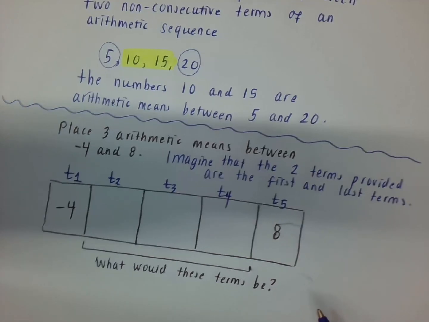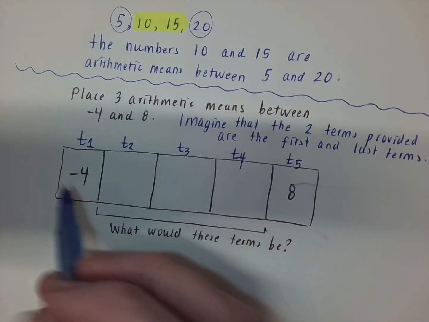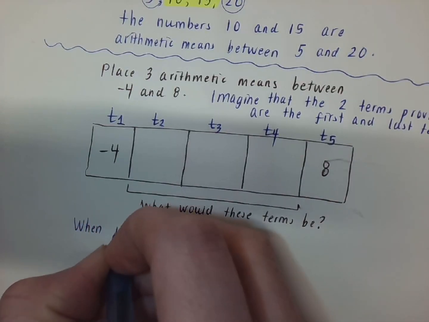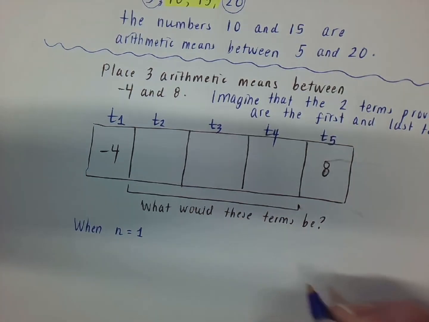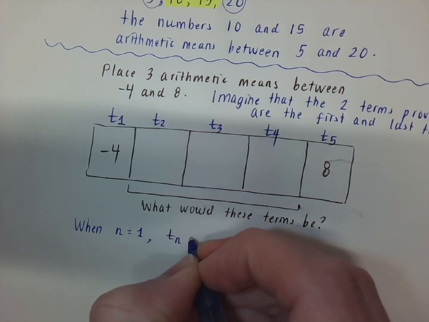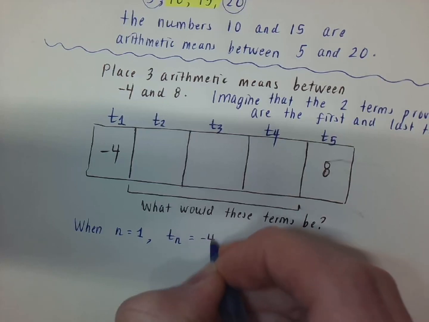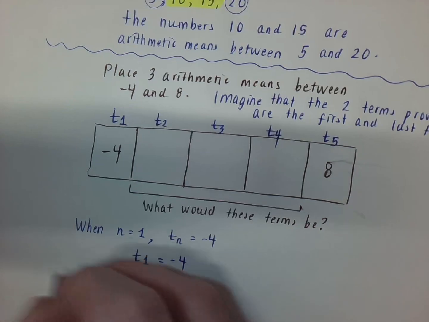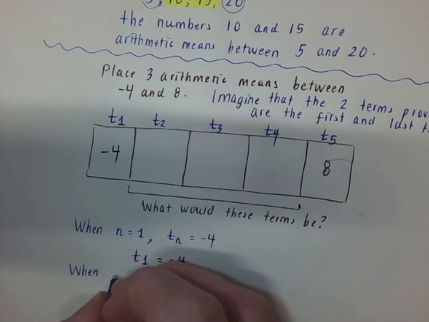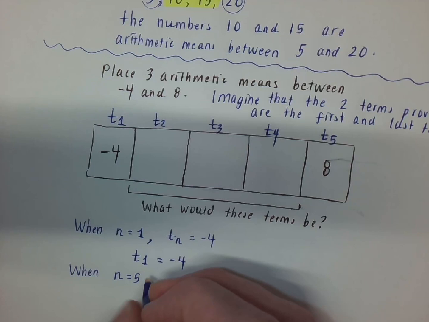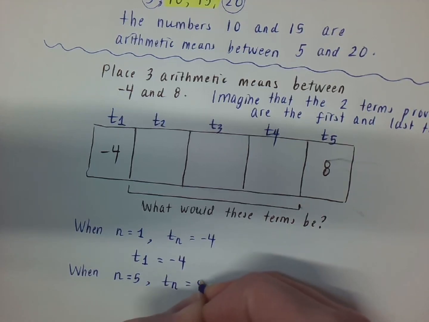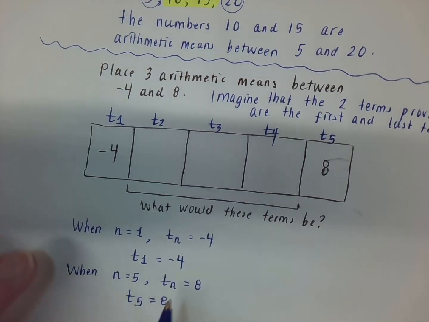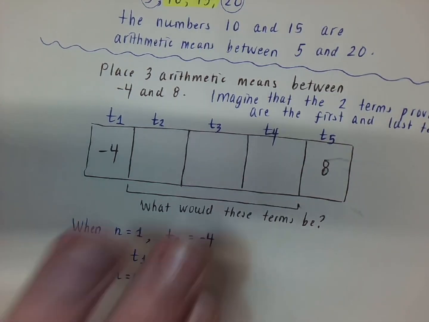So it's a sequence with 5 terms. What do I know? When n equals 1, Tn equals -4. Basically, T1 equals -4. When n equals 5, Tn equals 8, so T5 equals 8. That sort of tells me something.